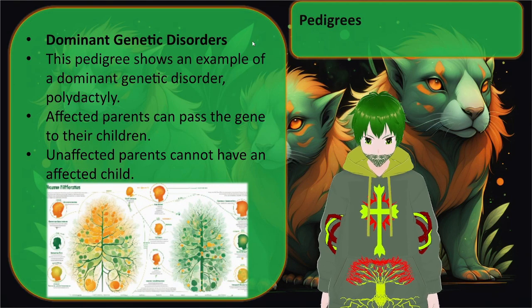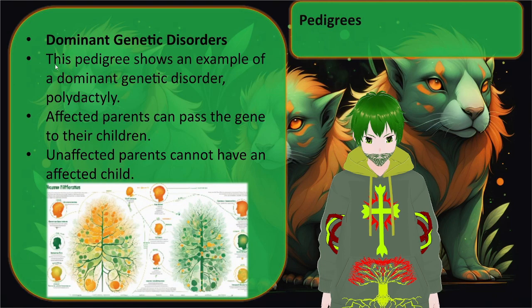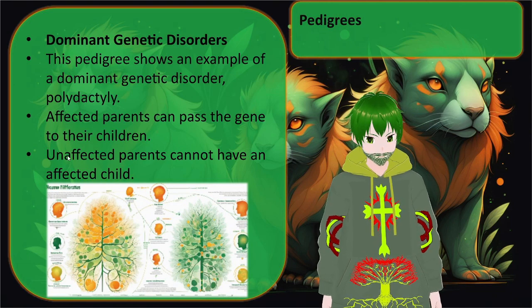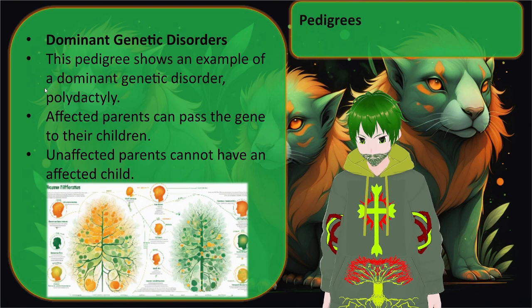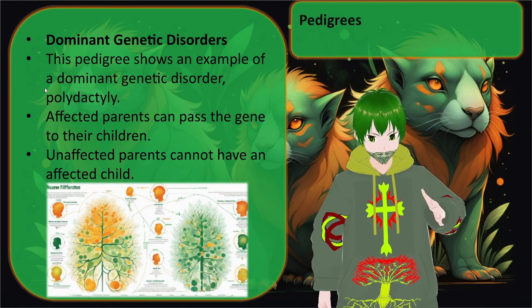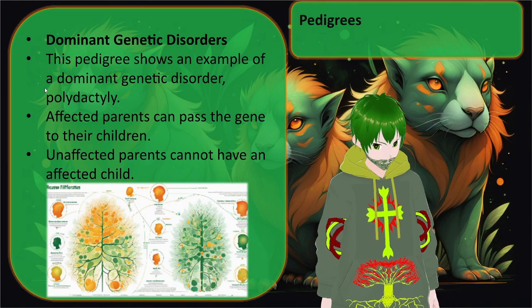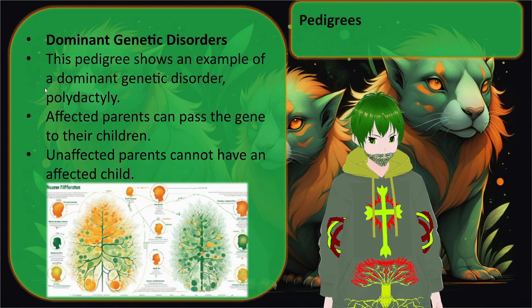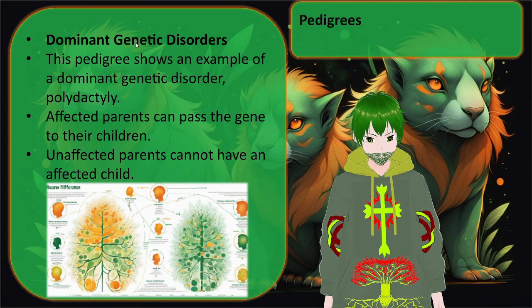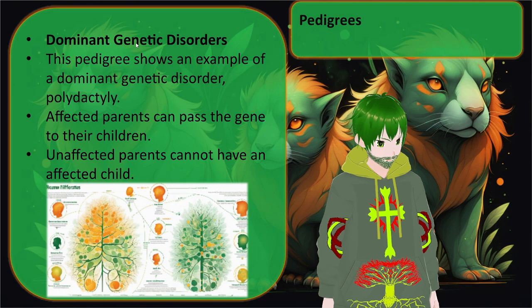Now, dominant genetic disorders are expressed every time the allele is present. Sickle cell anemia would be a good example of this because even though you have a healthy allele producing normal red blood cells, you also have a... that's a codominant. That's actually a bad example. So when we're talking about sickle cell anemia, it's a codominant disease.